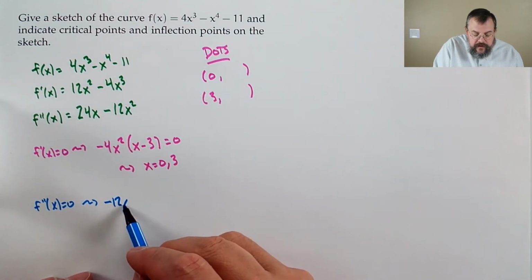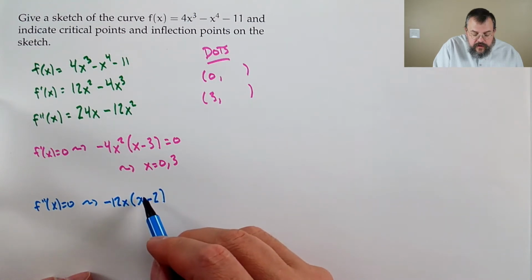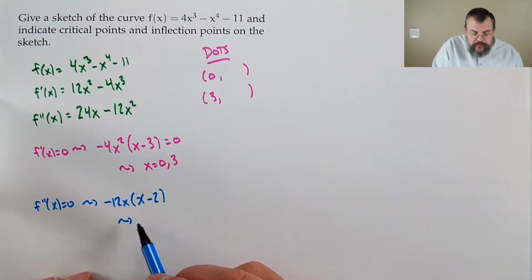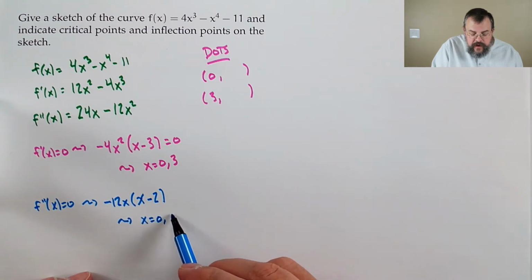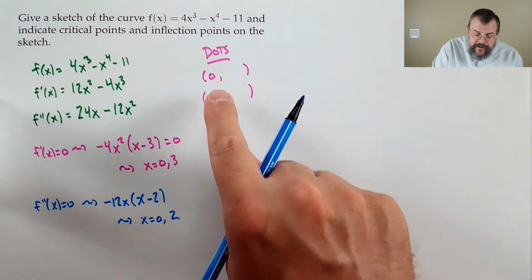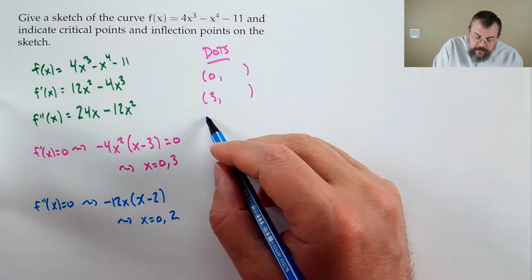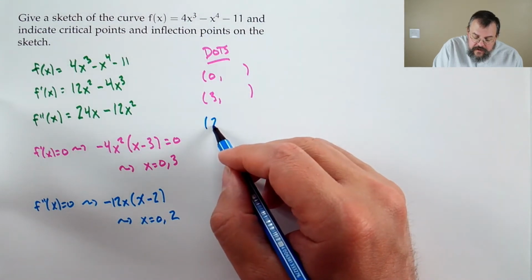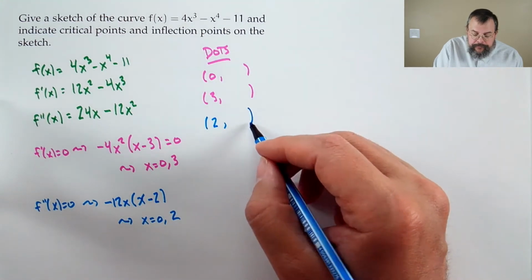So minus 12x times x minus 2. Well, that says x equals 0 and 2. All right. So, hey, we already had 0. Cool. Interesting. So 0, something must really be going on at 0. So now we have 2 comma something.